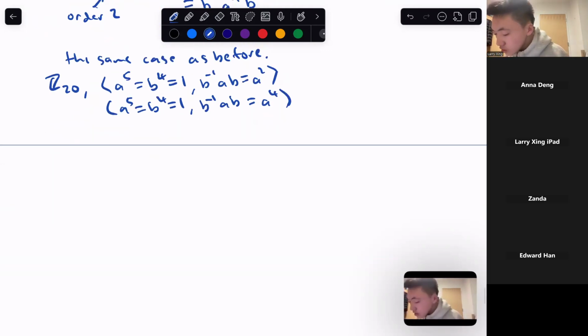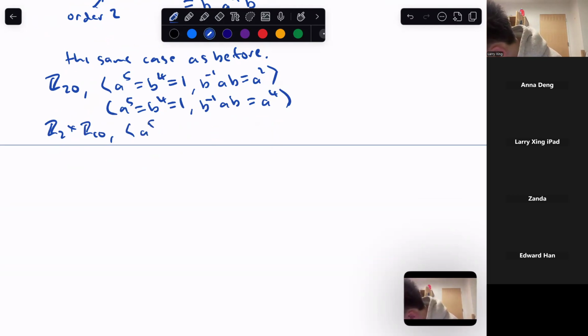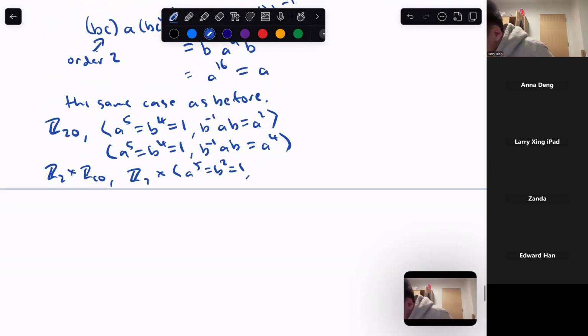And your last two groups are Z2 cross Z10 and Z2 cross A to the 5 equals B squared equals 1, and B to the negative 1 equals A to the 4.